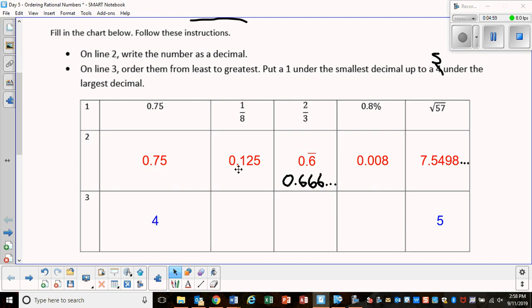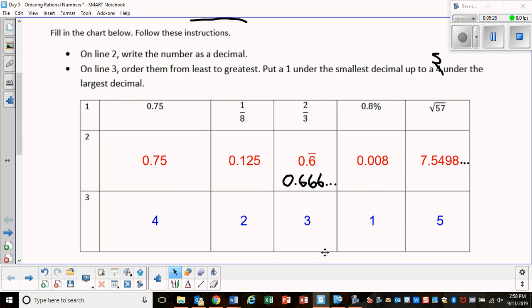Then we still have a 1, a 6, and a 0. 6 was the next biggest, so that was our 3. The next biggest was the 1, which was our second number. And this guy is our smallest because it had the smallest number in the tenths place.